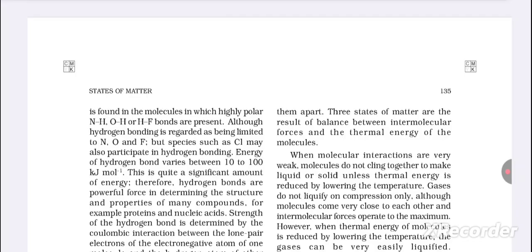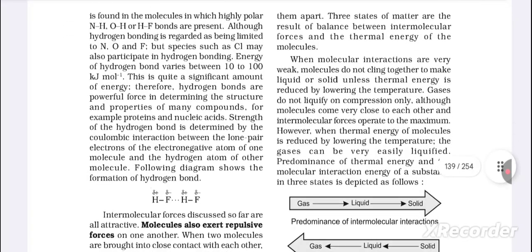When molecular interactions are very weak, molecules don't cling together to make a liquid or solid unless thermal energy is reduced by lowering the temperature. Gases don't liquefy on compression only, although molecules come very close to each other and intermolecular forces operate to the maximum. However, when thermal energy of the molecules is reduced by lowering the temperature, the gas can be very easily liquefied.